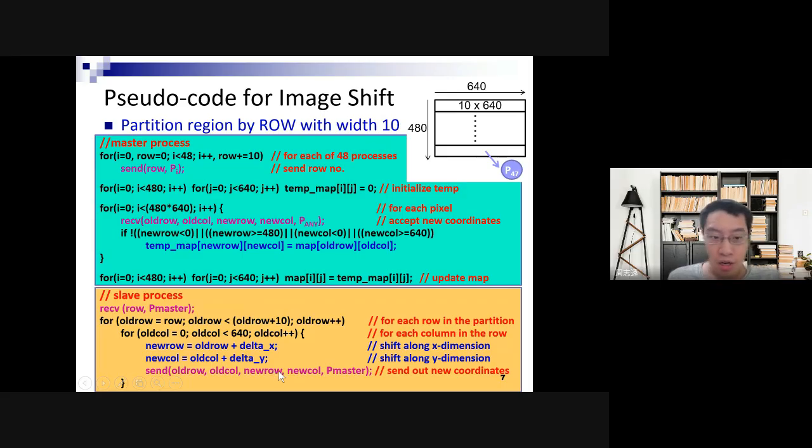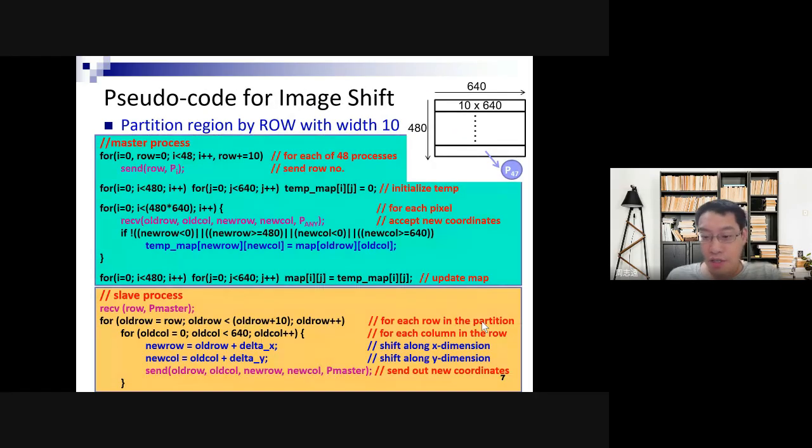All right. So this is the classic, basic implementation for how we could process an image in parallel, by dispatching those tasks independently to those slaves.